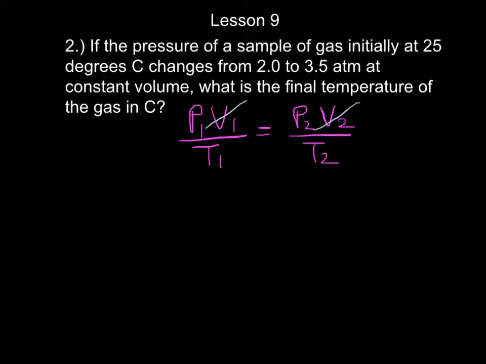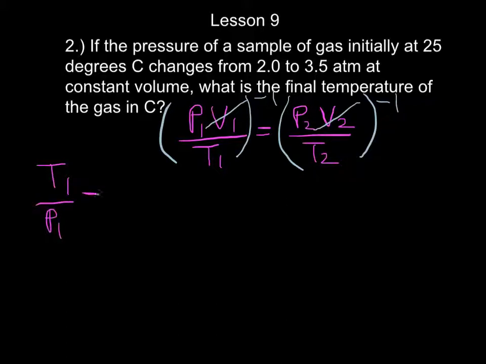Okay, so now we need to go ahead and solve for T2. I think the easiest way to solve for T2 is to take the inverse of both sides, or basically you're just flipping over both sides of your equation. So now you have T1 over P1 is equal to T2 over P2.